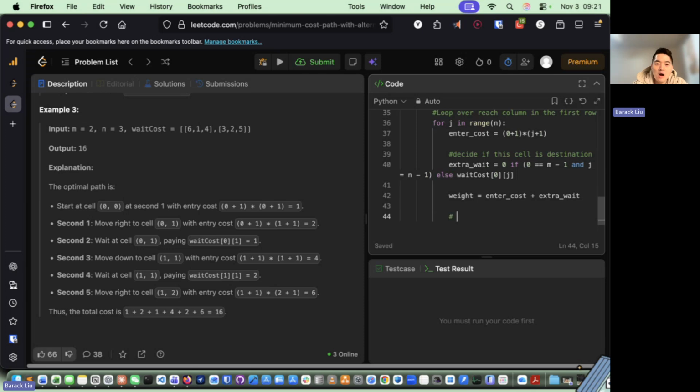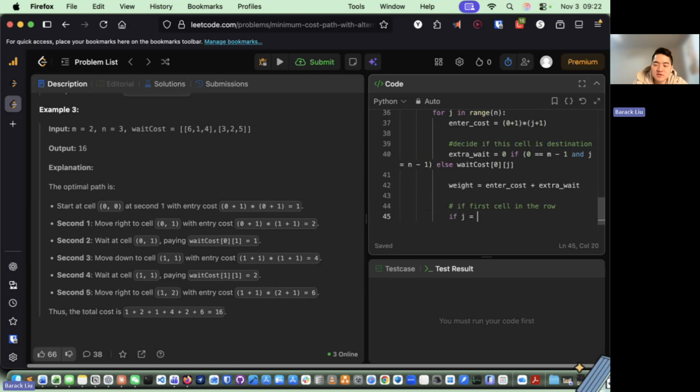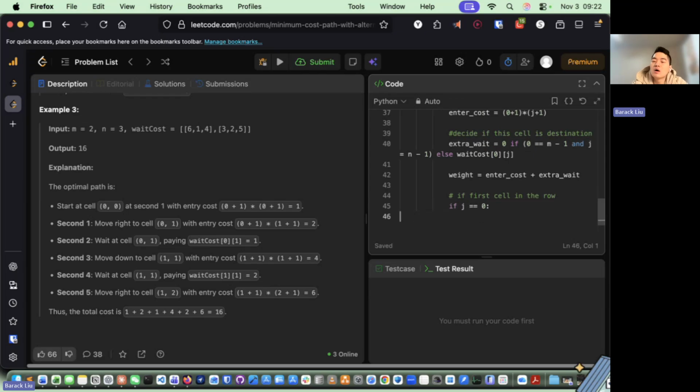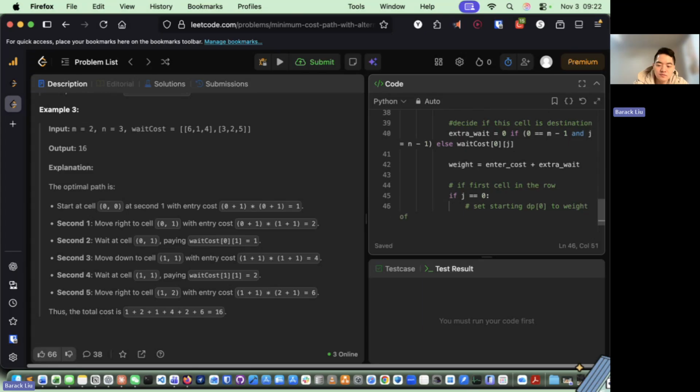Then what do we need to do? Right, so if first cell in the row, we need to set starting dp0 to weight of 0, 0, right?